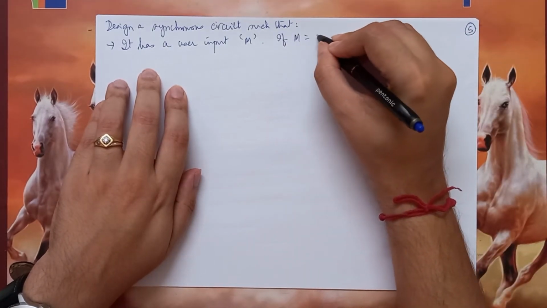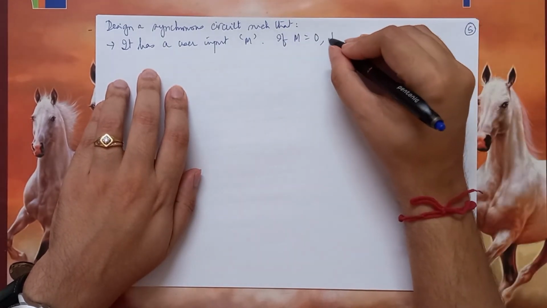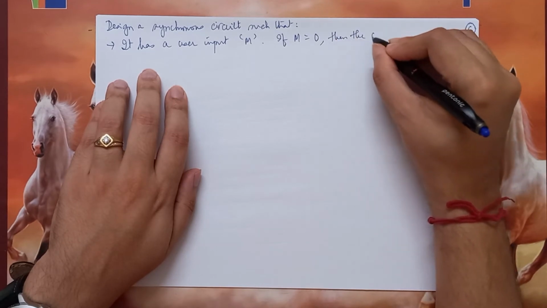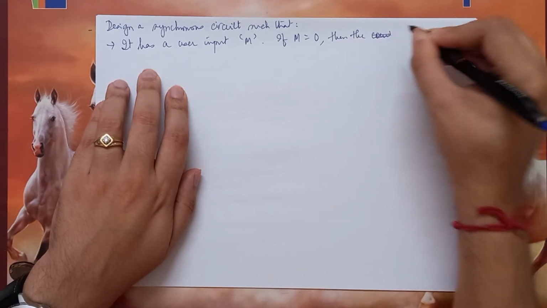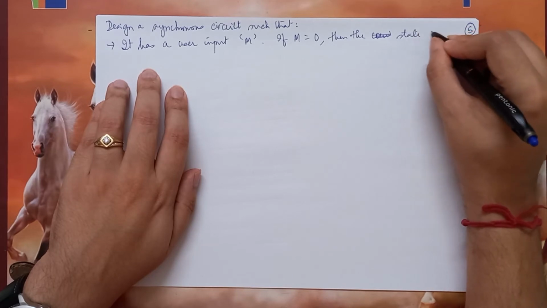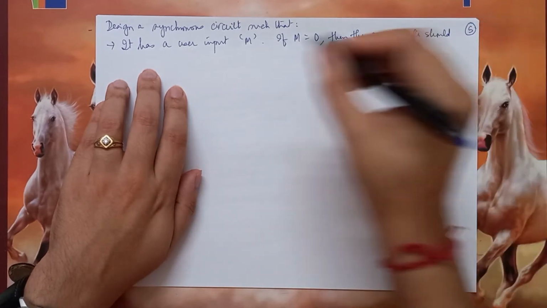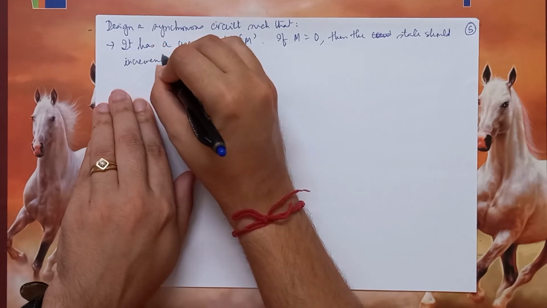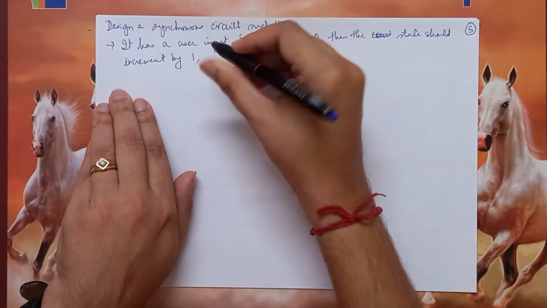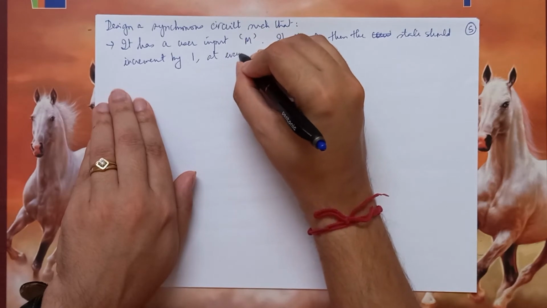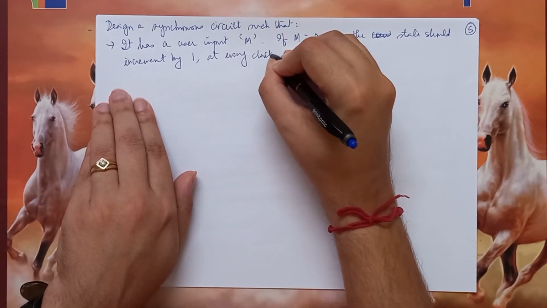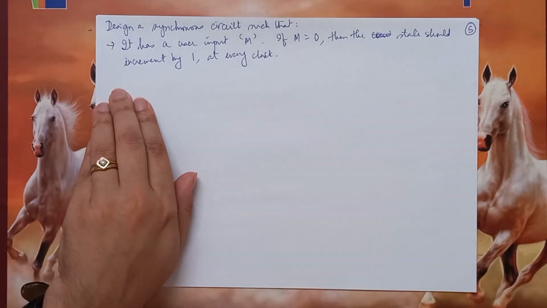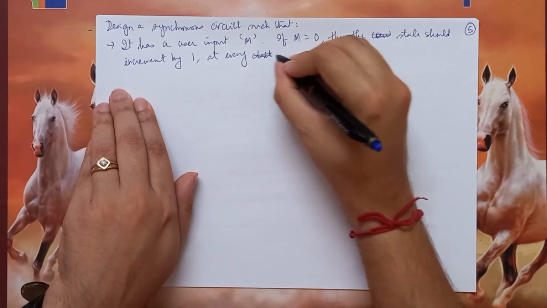If M is equal to 0, then the counter, or rather I should say the state, should increment by 1 at every positive clock edge.